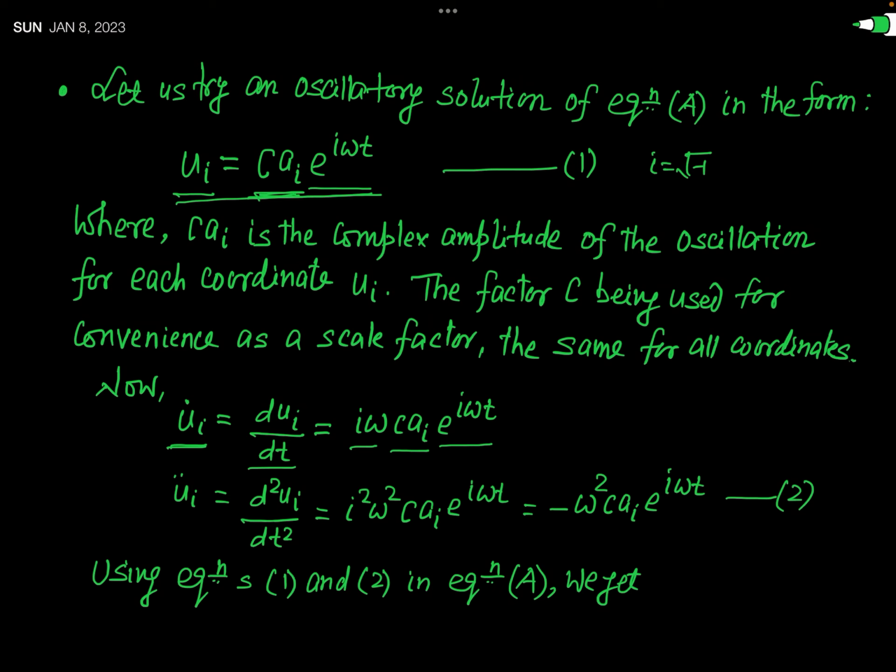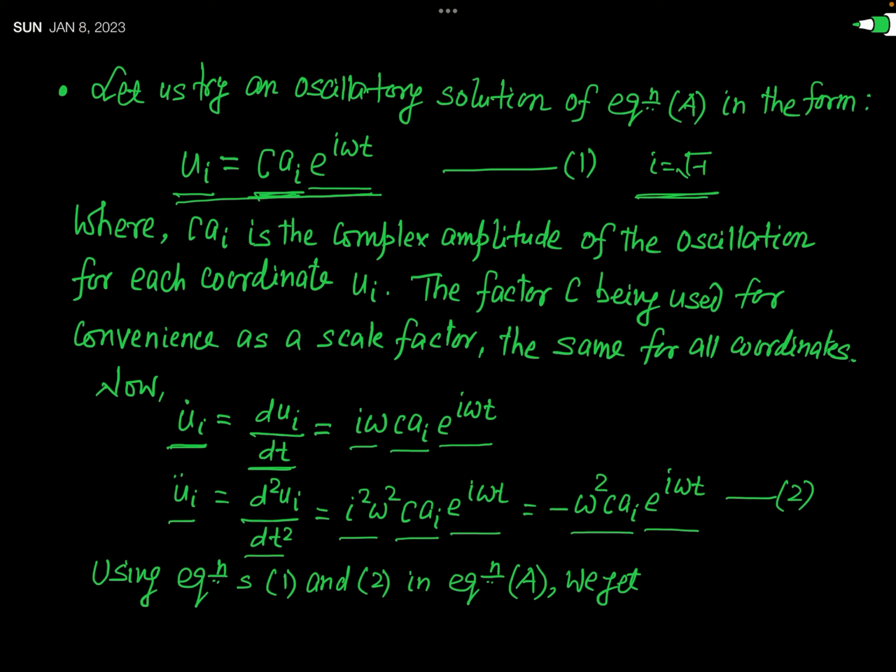Now for ui double dot, we will have to differentiate this dui by dt again with respect to t, and that is d2ui by dt square, which will be i square omega square C ai e to the power i omega t. Now i square is equal to minus 1. So this is minus omega square C ai e to the power i omega t.